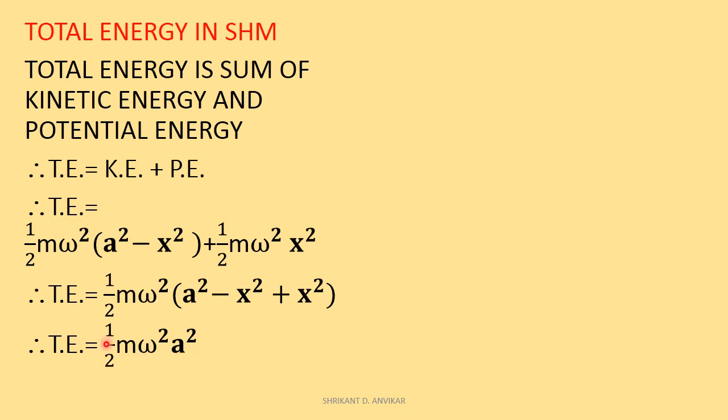Now in this equation the 1 by 2 term is constant, mass of the particle is constant, angular velocity is constant, and amplitude of the particle is also constant. That means we can say total energy of the particle in simple harmonic motion is constant. Now angular velocity omega in terms of frequency, omega is equal to twice pi n.